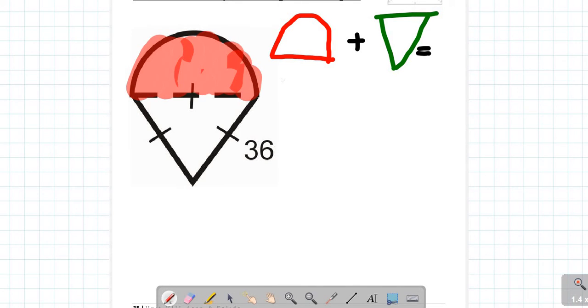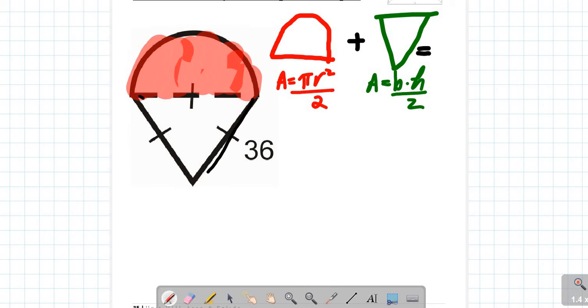My equation here is area equals pi r squared, and it's half, so it's over 2. This is base times height over 2. Alrighty. Now, do you see the hatch marks?